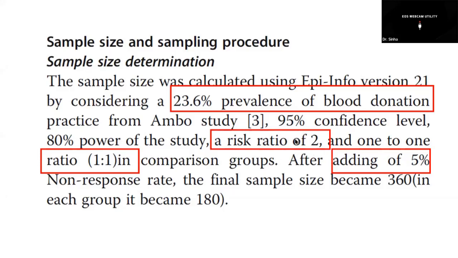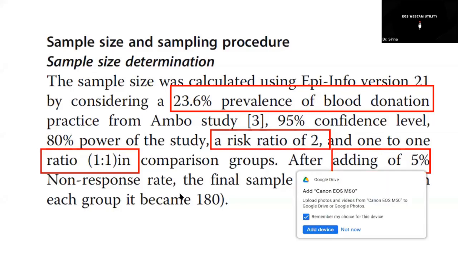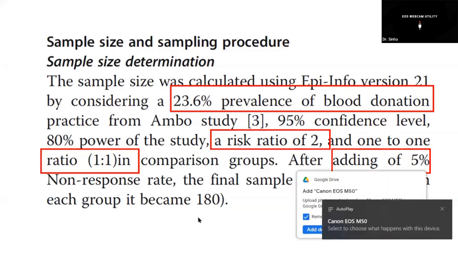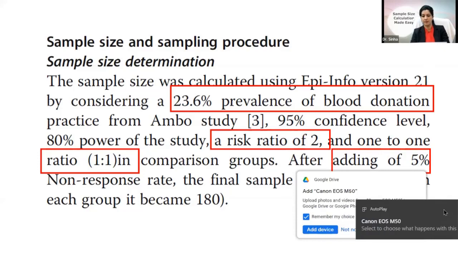Ideally, it should have been an odds ratio, because it is a cross-sectional study and you cannot have a risk ratio in a cross-sectional study. And then a 1-to-1 ratio is there in this comparison group, meaning non-health and health, they will take an equal number of students in both categories. And then they have added a 5% non-response, that means they have taken the response rate as 95%.